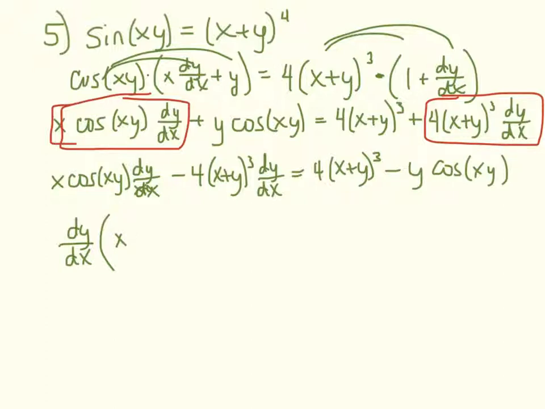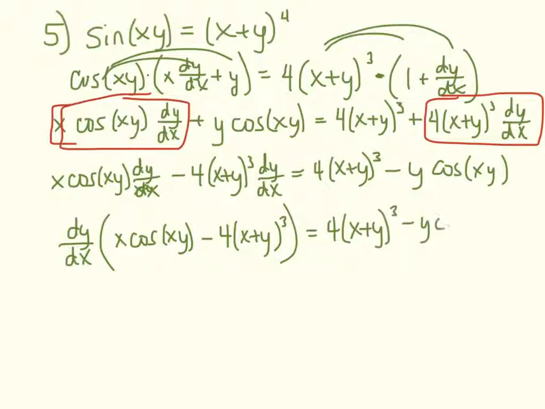So x cos xy minus 4(x plus y) cubed is equal to this stuff over here. Okay, last step is to divide that away.